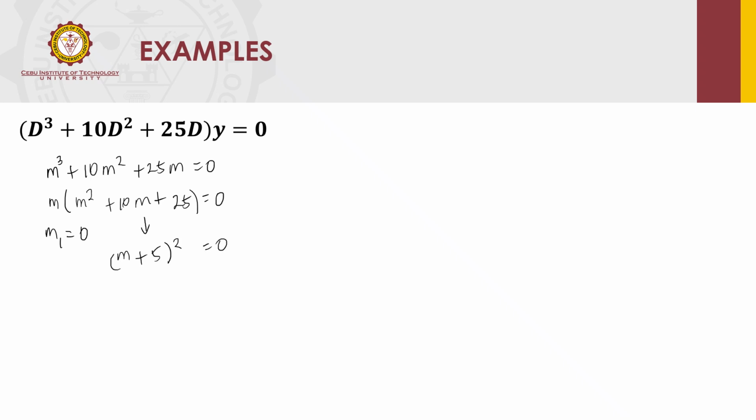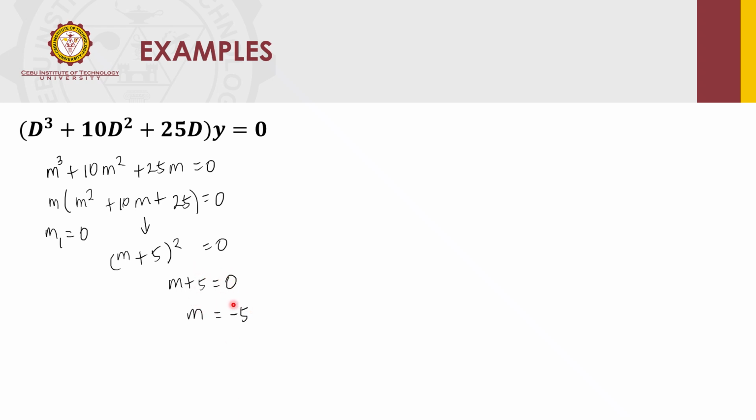So therefore, we have m plus 5 squared equals 0. If we get the square root of each side of the equation, we have m equals negative 5, because the square root of 0 is just 0.